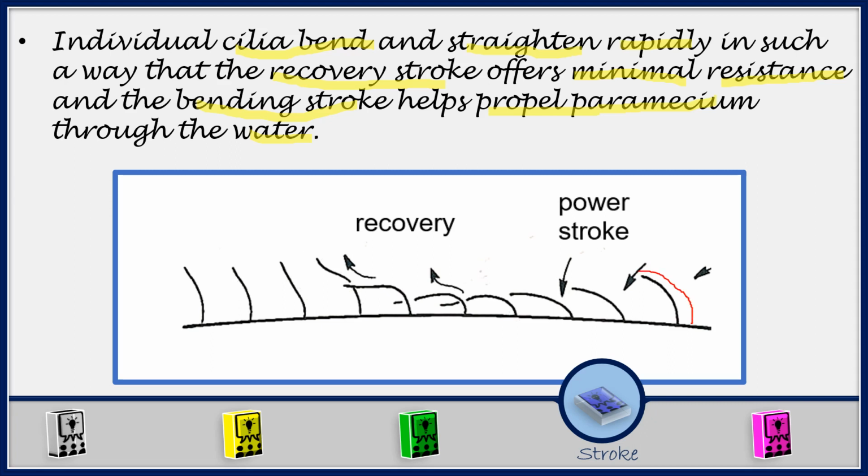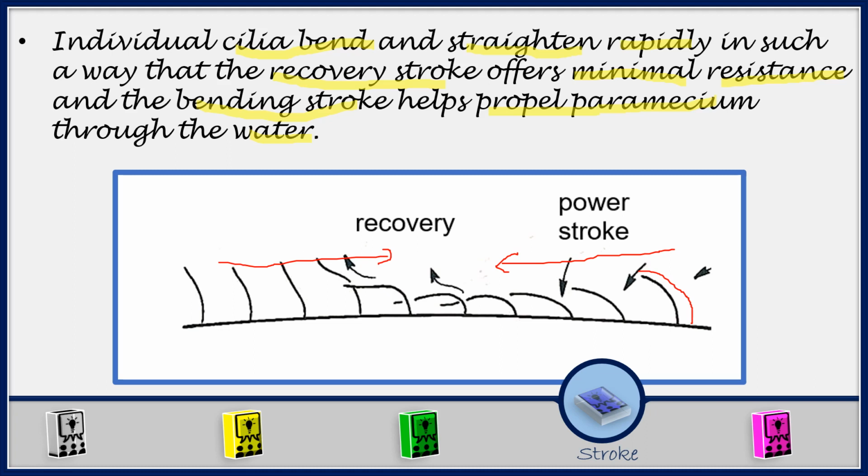As it pushes, it is going to push the water to move backwards. Power stroke. And then the recovery stroke, when it is coming back, it comes back in this direction, so that it can go back to the normal state.